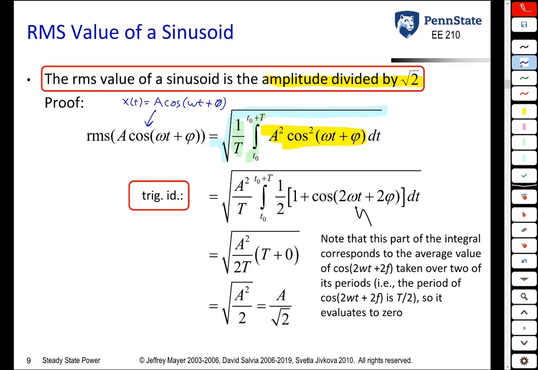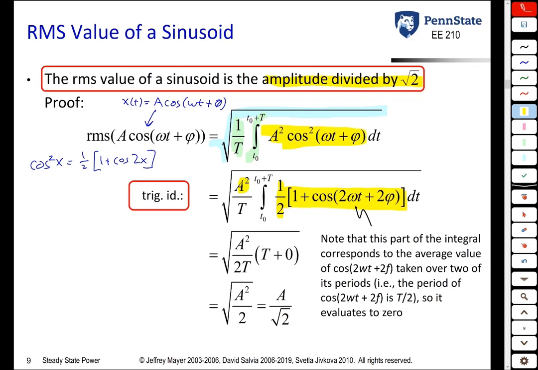But there's an important trig identity that helps us out here. Cosine squared of x is just 1/2 times 1 plus cosine of 2x. So A squared cosine squared omega t plus phi can be rewritten as this expression here.